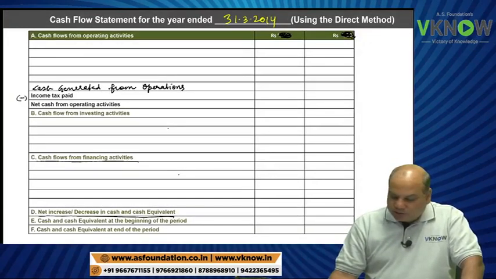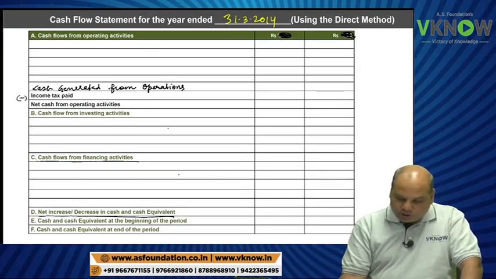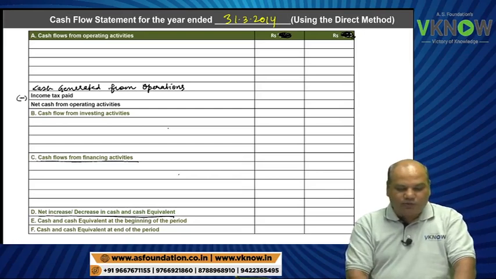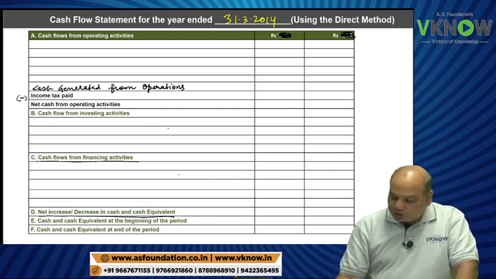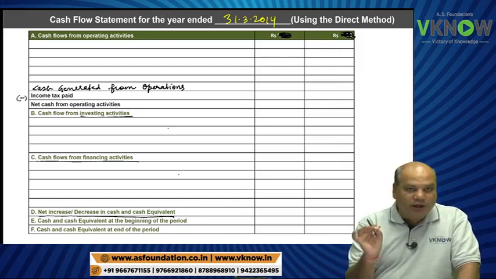First line is asset, land and building. Opening balance is 1 lakh and closing balance is 1,50,000. So we will call it investing activity. On land and building, it appears there is no depreciation, so the difference in land and building represents purchase.